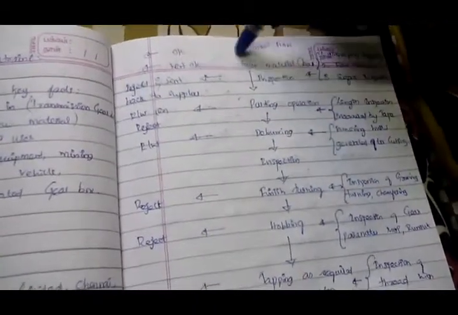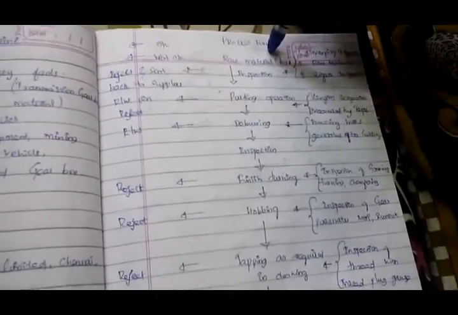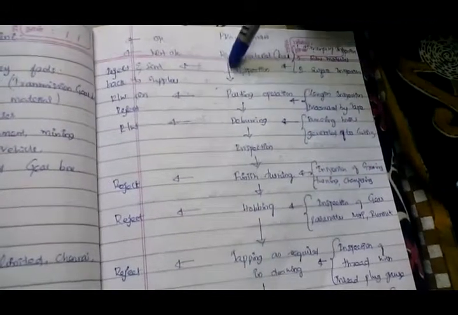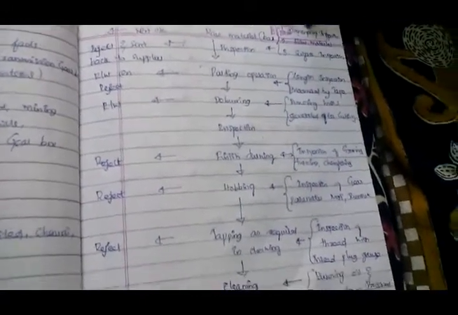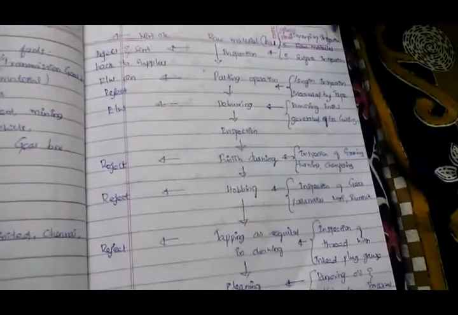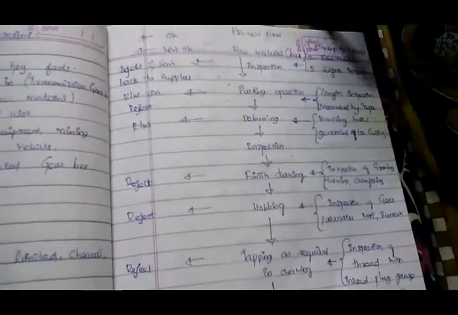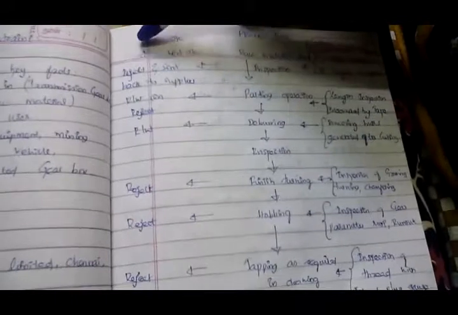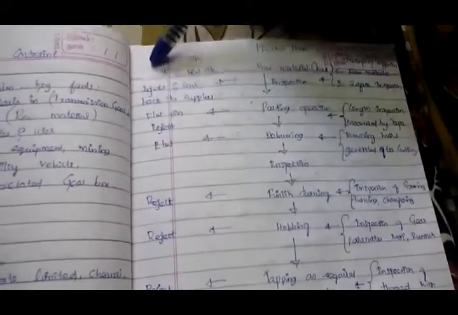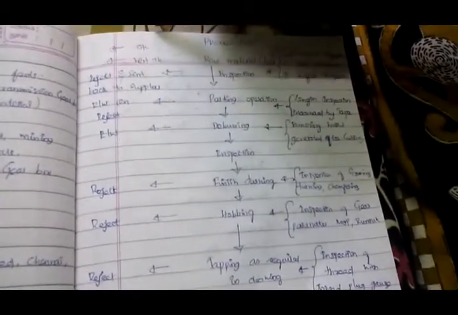See here, first of all, raw material comes as a bar from forging. Then we go to inspection. Inspection has two types: one is dimension inspection, and the other is raw material inspection. If our drawing requirement is met, it is okay. If there is any rejection, we send it back to the supplier.